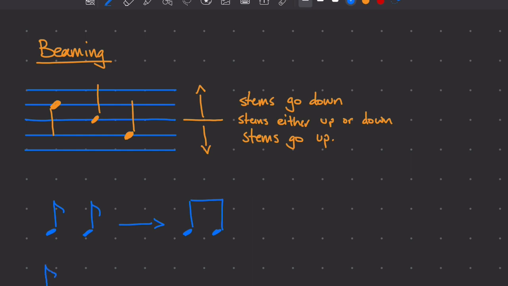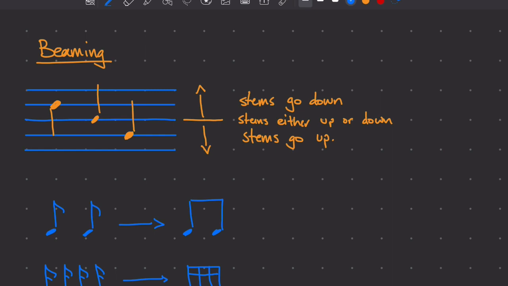If we have our 16th notes with 2 flags, when we beam them together, we need to make sure that we have 2 beam lines for our 4 16th notes. So there we have how we're simply going to beam our notes together. Super easy. Instead of writing it with flags, we join it together with 1 line, or if it's 16th notes, with 2 lines.